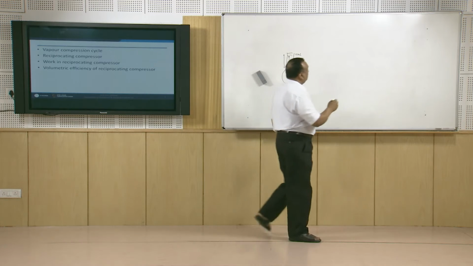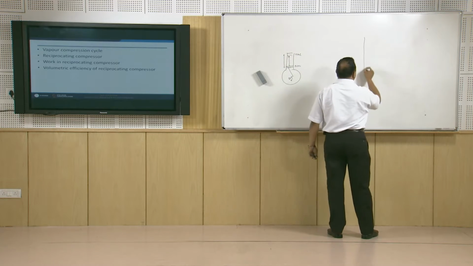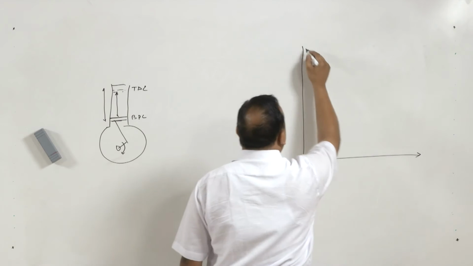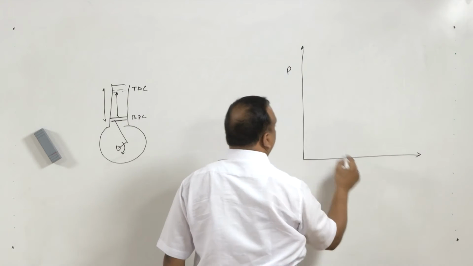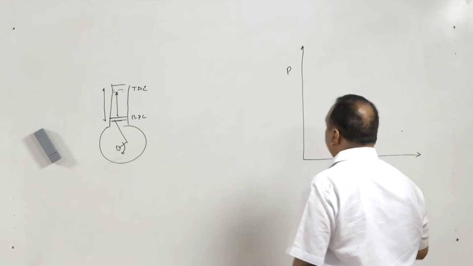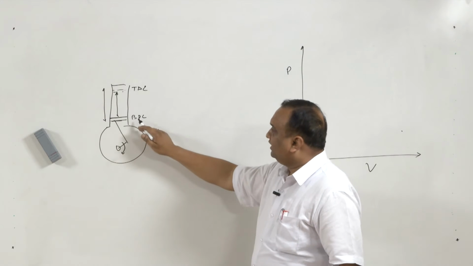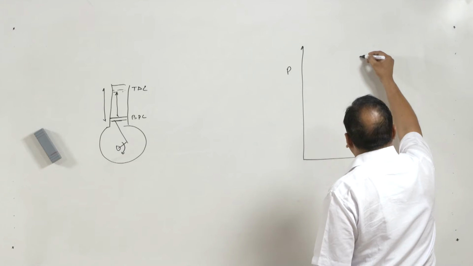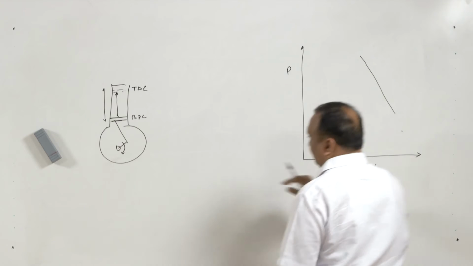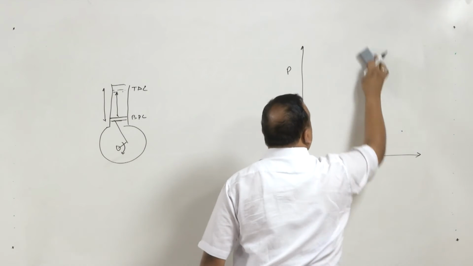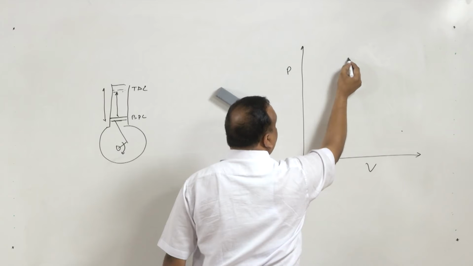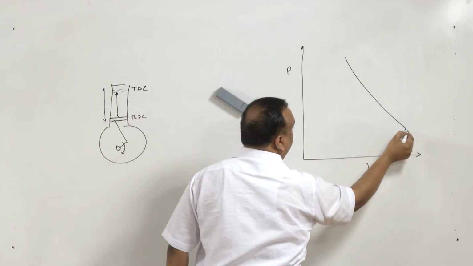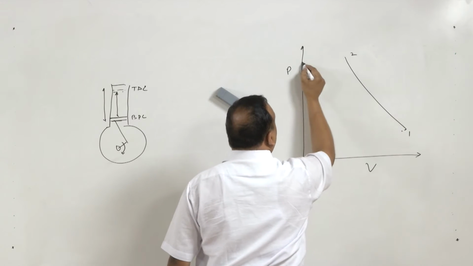Now, if we draw this on PV diagram, starting from state 1, when the piston is at bottom dead center, compression takes place, and this compression process is a polytropic compression process, state 1, state 2 and state 3.